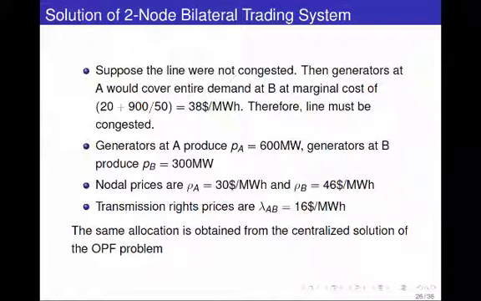The system operator owned all the generation and needed to satisfy 800 in the city, 100 in it. Exactly the same. So I spent the last 10 to 15 minutes trying to justify to you why a market where we're making bilateral agreements would reproduce exactly the same outcome as if the system operator knew everything.